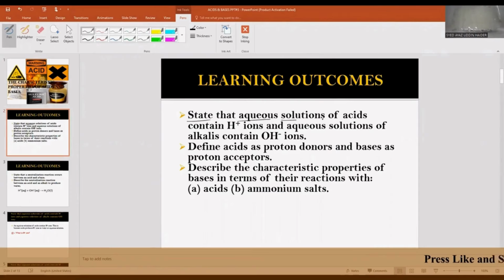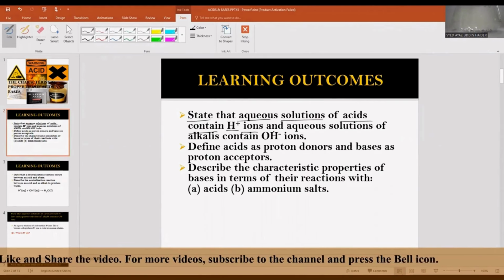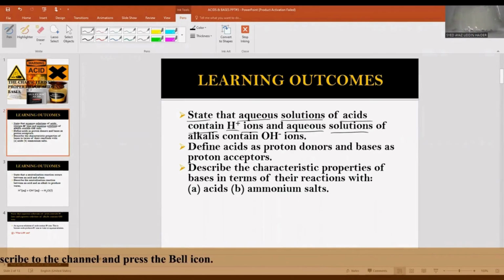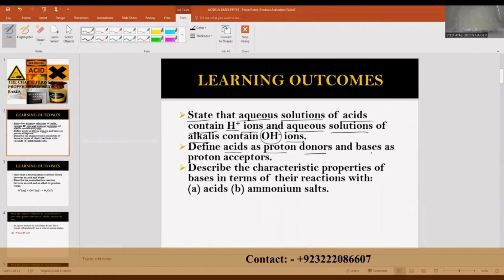That aqueous solutions of acids contain H positive ions and aqueous solutions of alkalis contain OH negative ions. Define acids as proton donors and bases as proton acceptors.